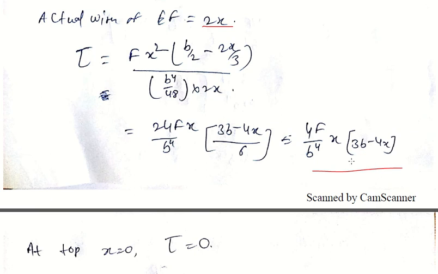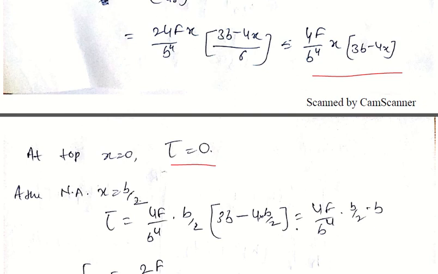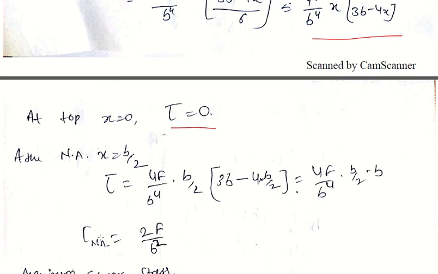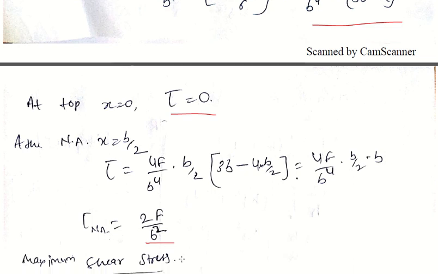Now at x equals 0, shear stress will be 0, and at x equals b by 2, that means at the neutral axis, we put x equals b by 2. So tau at the neutral axis is 2F by b square.